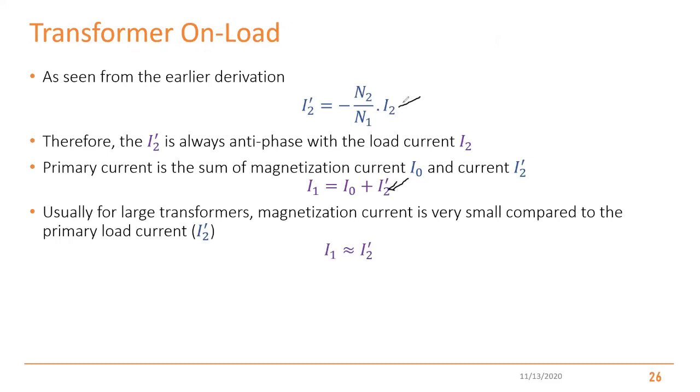Those are the only two components that are new to the phasor diagram. Basically the phasor diagram is the same as the no-load phasor diagram, but you have to add those two phasors, that means the I2 dash phasor and I2, the secondary current phasor.